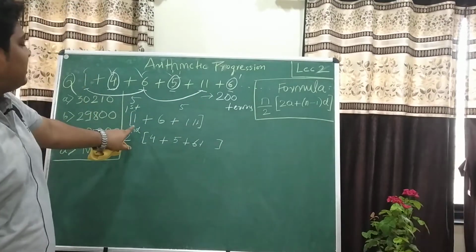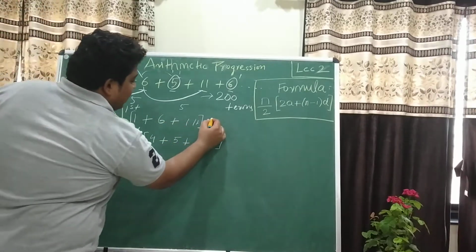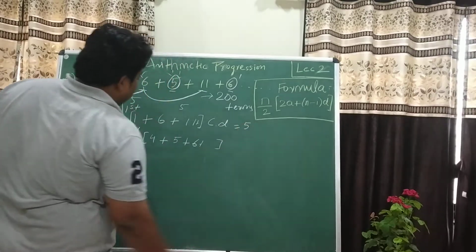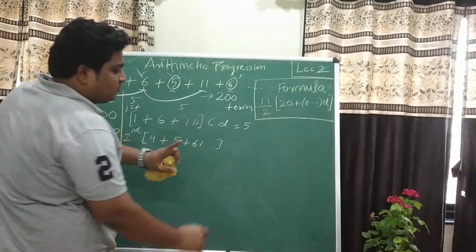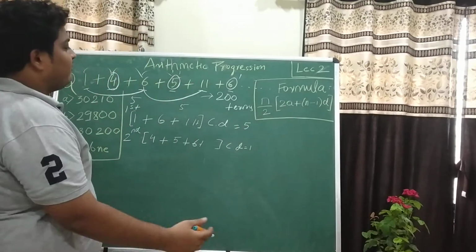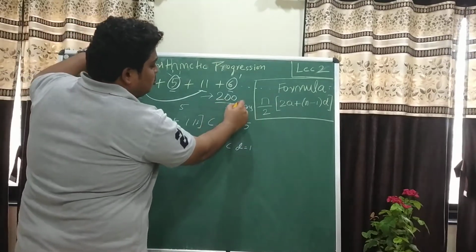We have got this series as 1 plus 6 plus 11, where the common difference, CD, is 5. And the second series has common difference CD equal to 1. What we have to find here is the sum of the series till 200 terms.